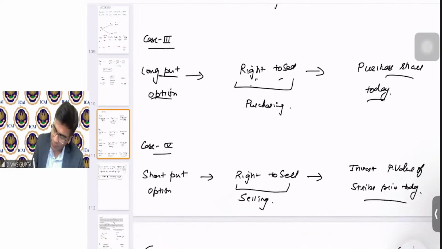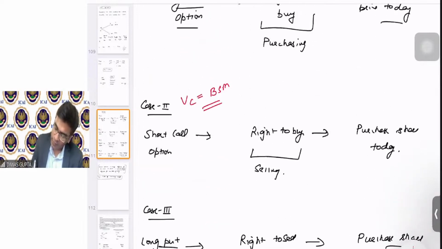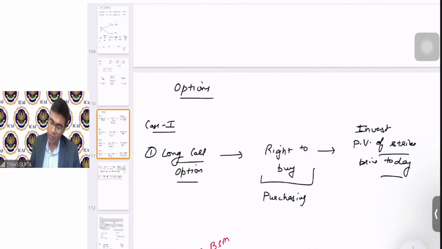Case 4, which is short put option, right to sell, invest present value of strike price today, all these things I've discussed in the value of put option under the Black-Scholes model. Here also what we did, short call option, right to buy, and purchase a share today equivalent to the hedge ratio. That was used in the valuation of call option under the Black-Scholes model.